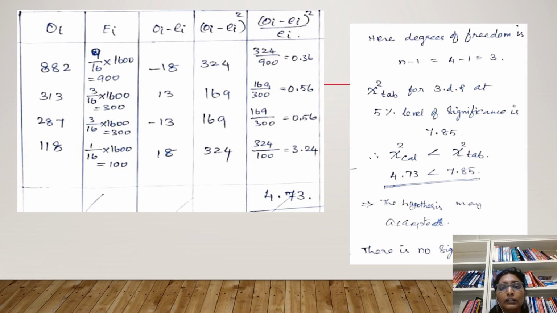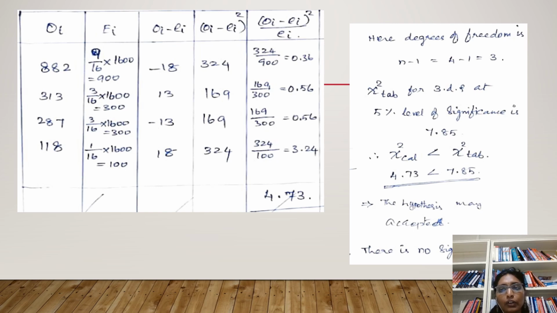That is 324 divided by 900, which gives 0.36. So like that we have to calculate all the values, and the sum of this gives 4.73. This is called the chi-square calculated value.